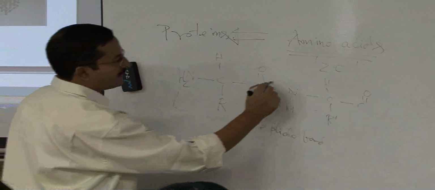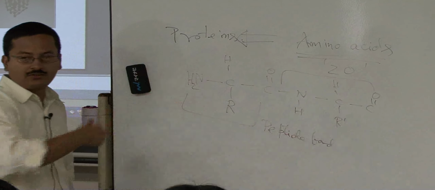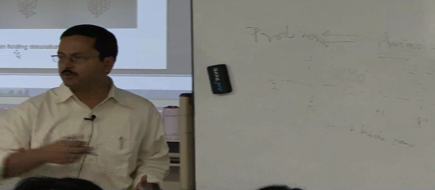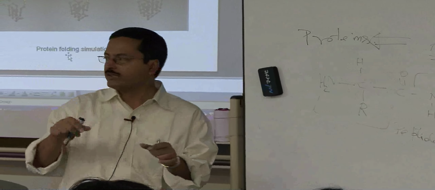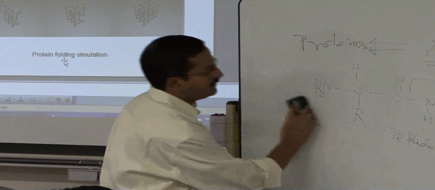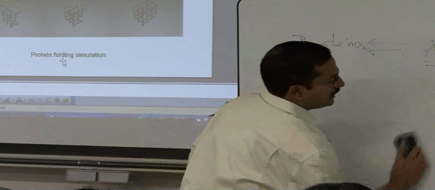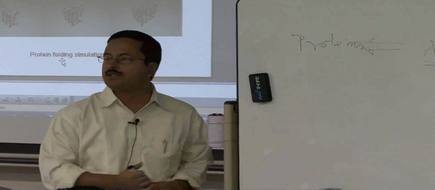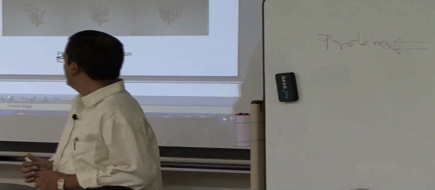This is the first, this is the second, and so on. It is like a chain. One amino acid after another, this is a chain. So, the point is a protein may contain many amino acids, hundreds of amino acids.